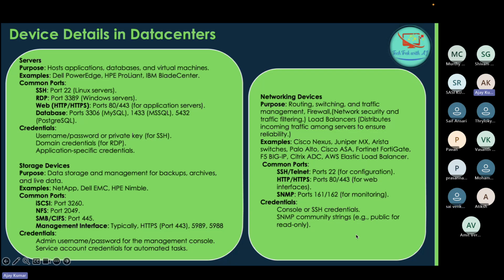There are different ports required on the network device side, which is UDP. There are some ports required on the storage side, which is UDP. So we have to be very precise in telling our customer that this port is UDP and that port is TCP. We require them to make a connection.